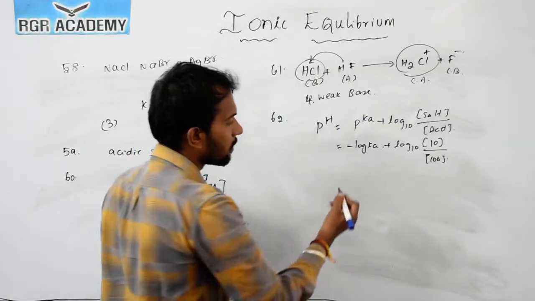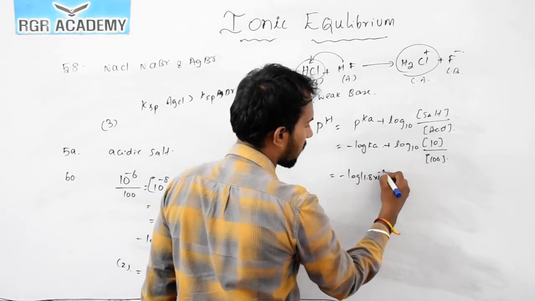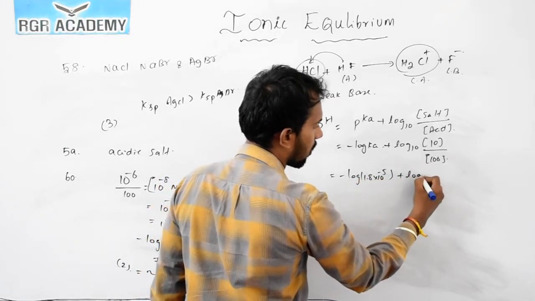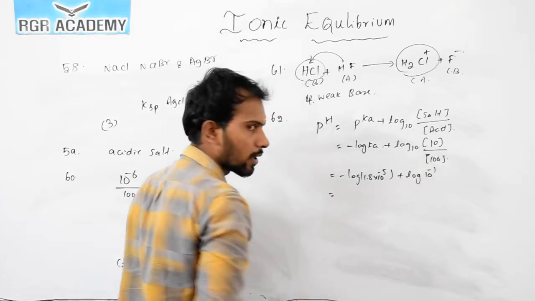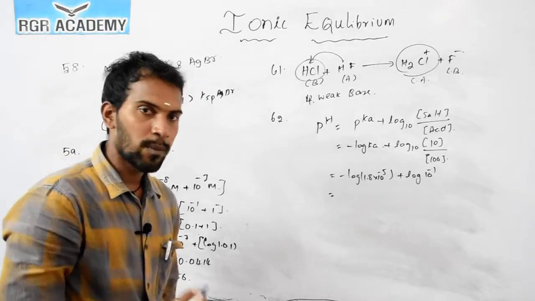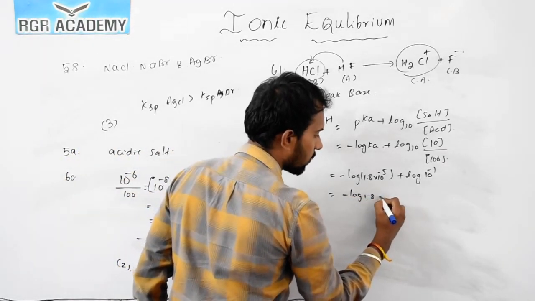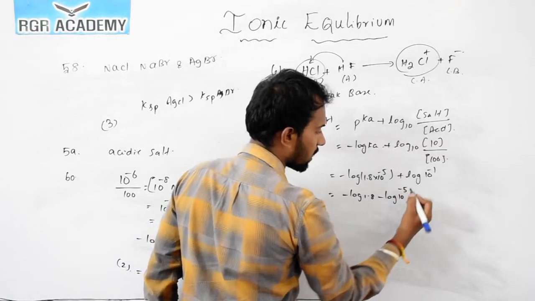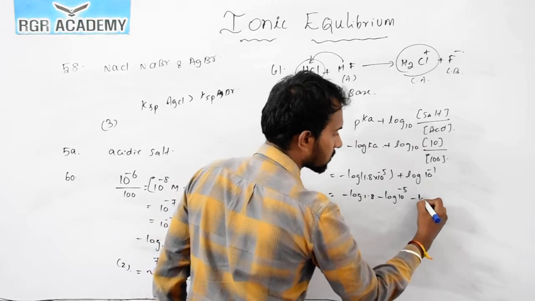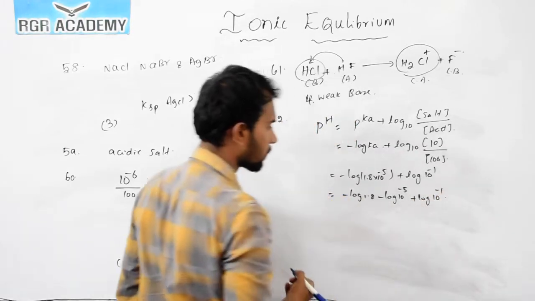So here minus log Ka, minus log 1.8 into 10 power minus 5, plus log 10 power minus 1. So the value we can call as minus log 1.8 minus log 10 power minus 5 plus log 10 power minus 1.